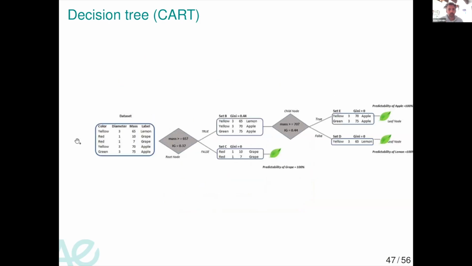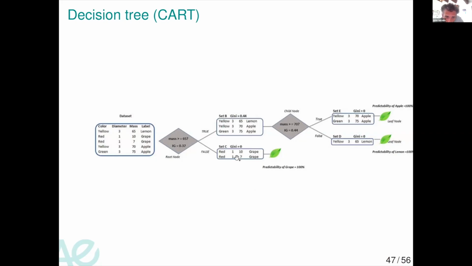So for example, here you have the dataset that I showed you before. You generate all the possible questions, and the best question is: is the mass greater than 65? If the answer is true, you have here a branch with three of the five individuals: the lemon and the two apples.